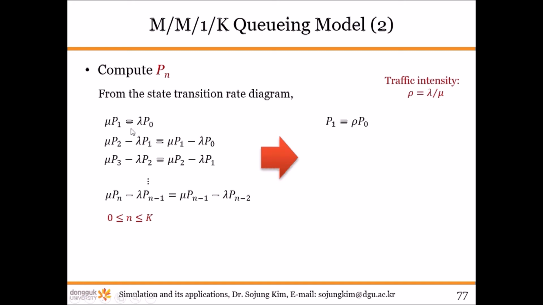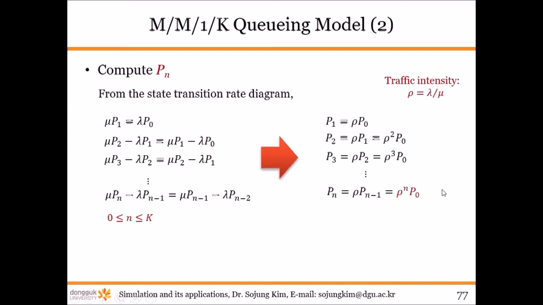For each state, we can develop this kind of equation, and since the n value should be between 0 and K, we can rewrite this equation like this. And as you know, rho means traffic intensity, which is lambda over mu, right?